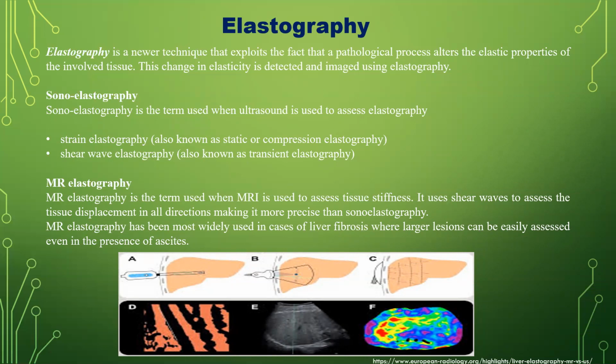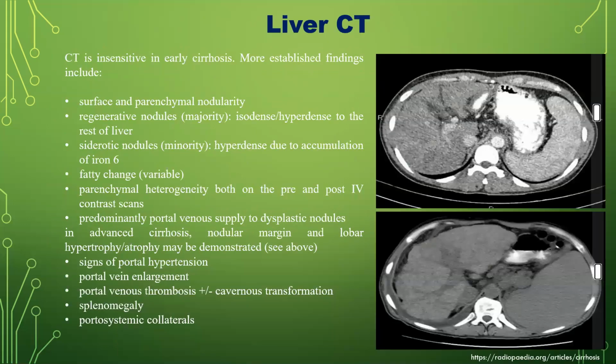MRI elastography has been most widely used in the case of liver fibrosis, where the larger lesions can be easily assessed even in the presence of ascites.